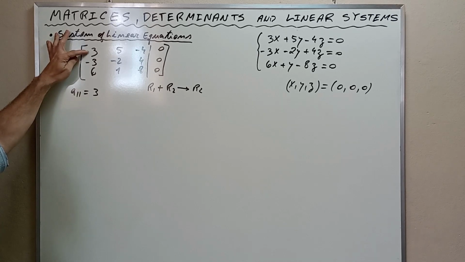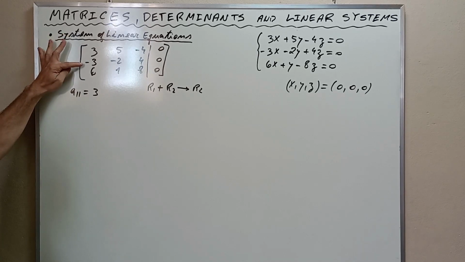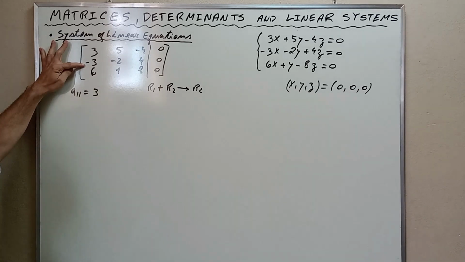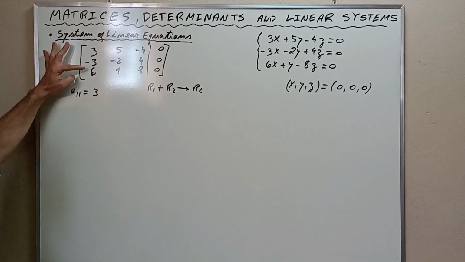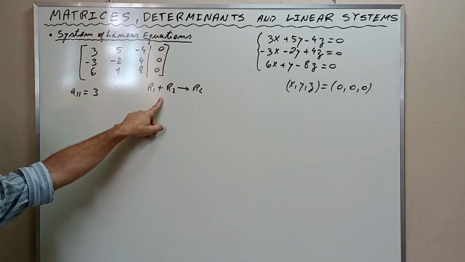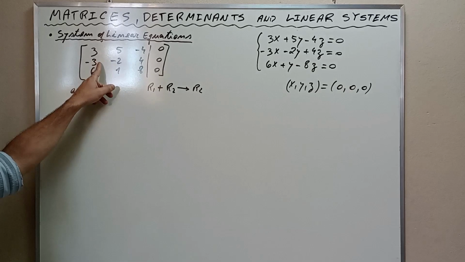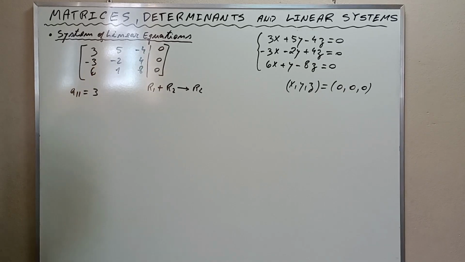The pivot is entry A11, and this is entry A21. We want to put a 0 here. Observe that 3 plus negative 3 is 0. So if we carry out this addition, a 0 is going to appear here.